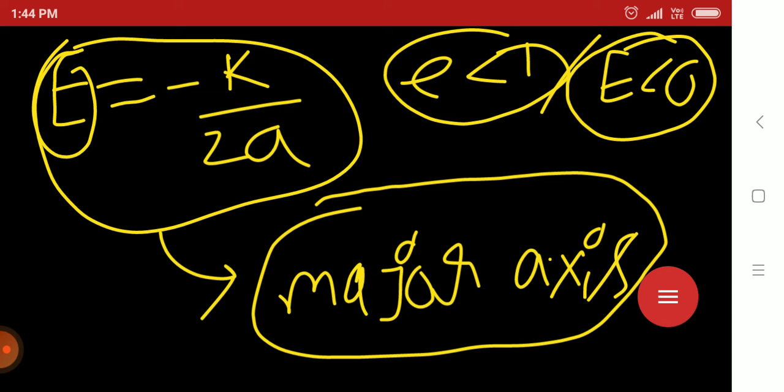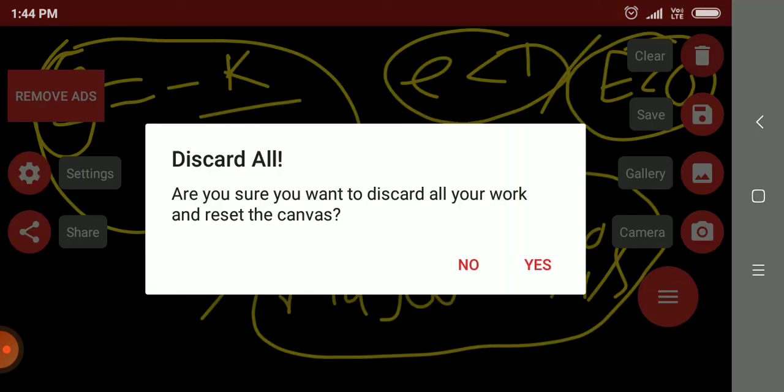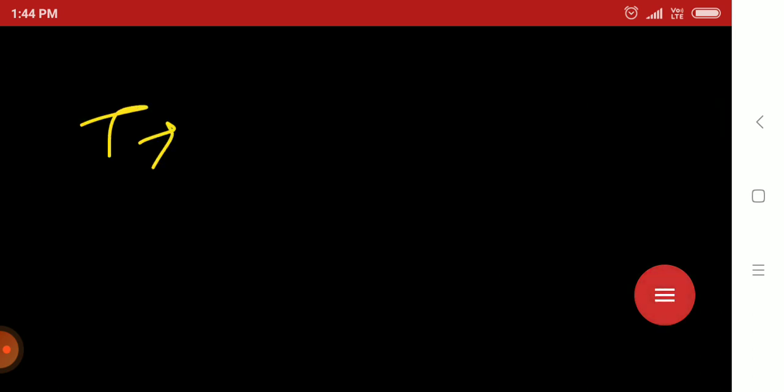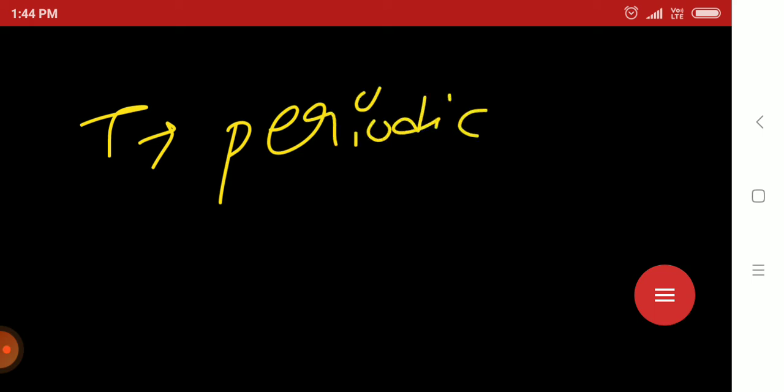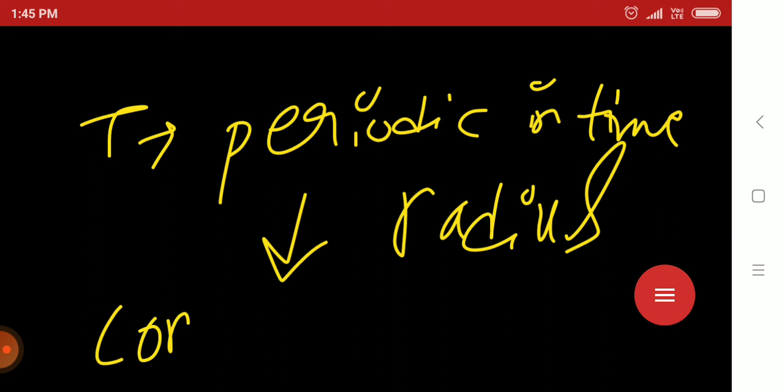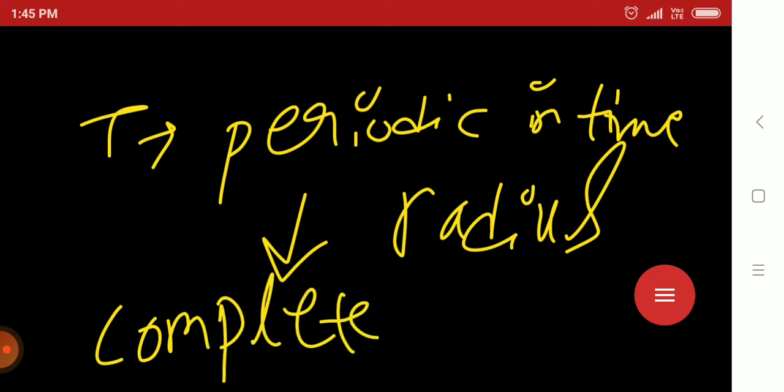Now, we will proceed to Kepler's third law. Let T be the periodic time in which the radius vector completes one revolution.